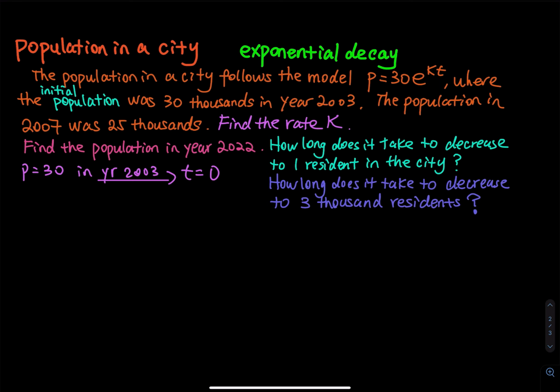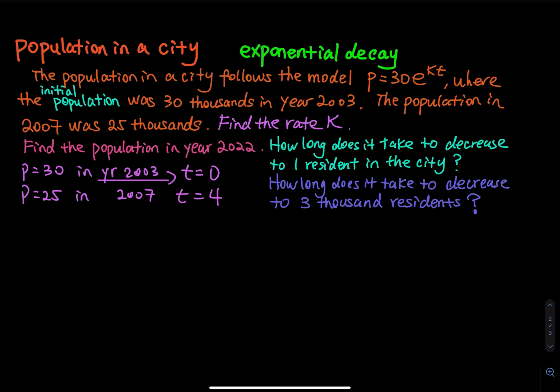You have to find out what the initial year is, and then let that equal 0. And then what else do I need? I need the second sentence. The population was 25,000 residents in 2007. So in 2007, what is t then? 2007 and 2003, 2007 is 4 years later, so t equals 4.